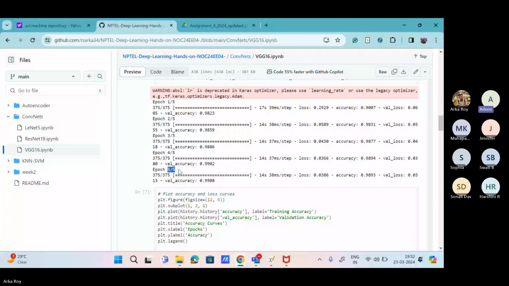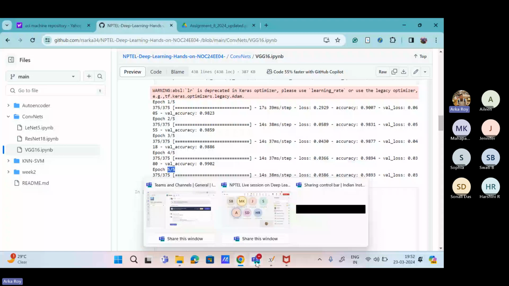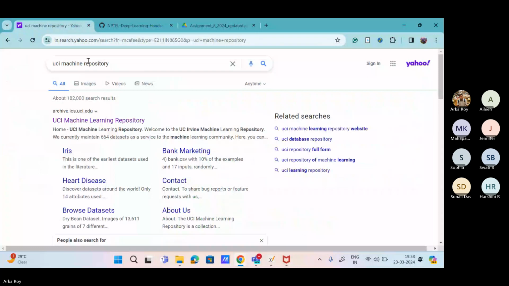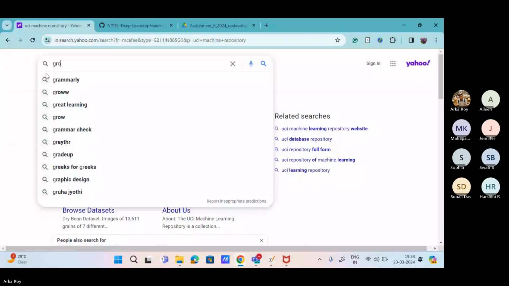Sir, if we increase the number of epochs, does it give more accuracy? That is also something I cannot comment on. There is a new phenomenon, I cannot remember the name, I saw it on LinkedIn in the last 2-3 months.